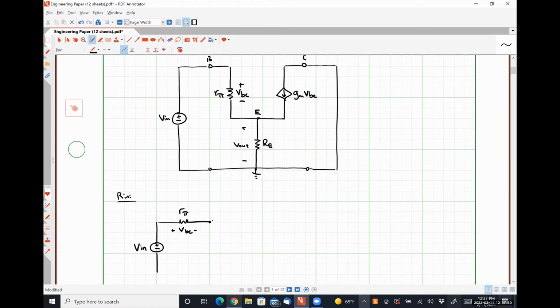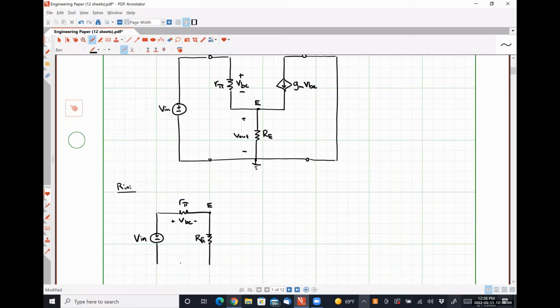So this node right here looks like my emitter terminal. Between the emitter and ground, I have that resistance RE, where this down here is my ground terminal.